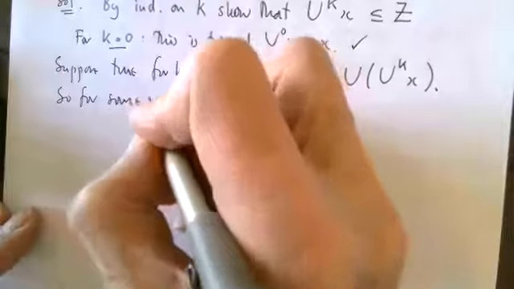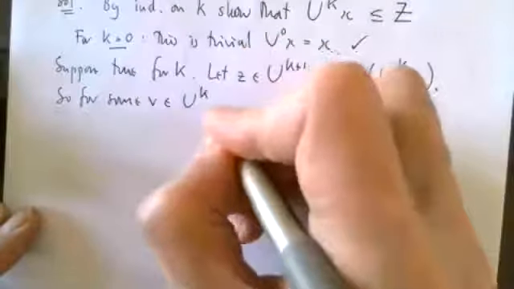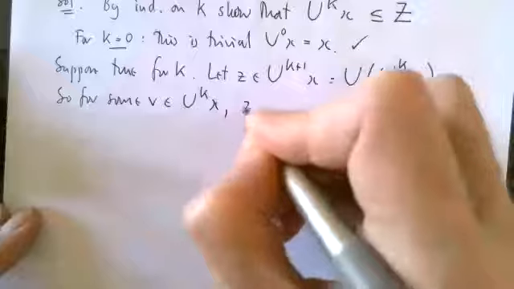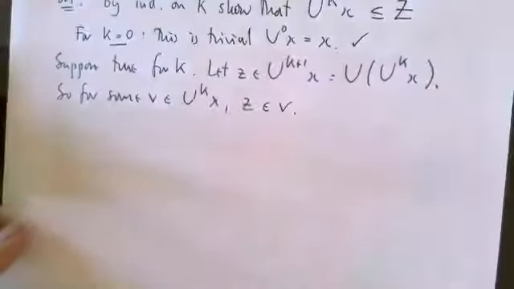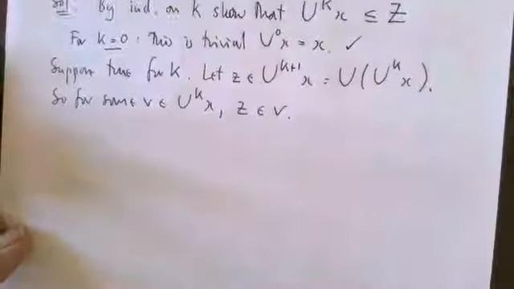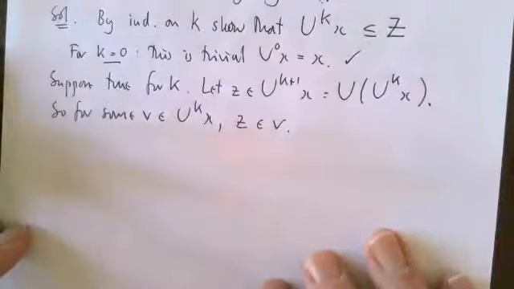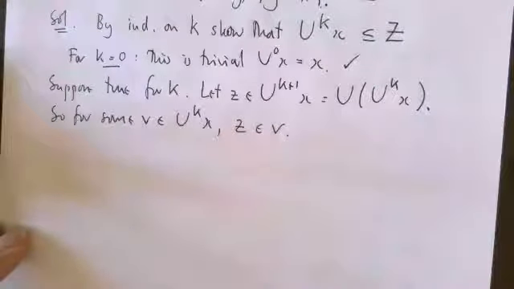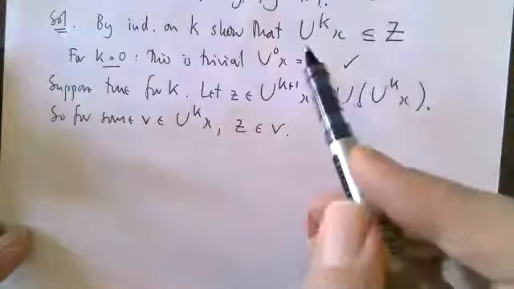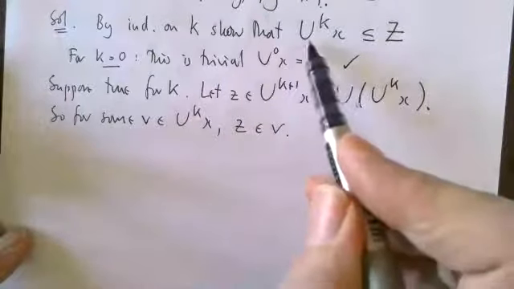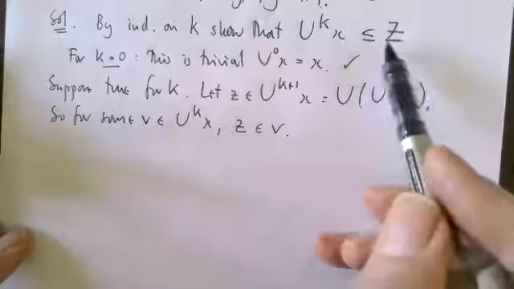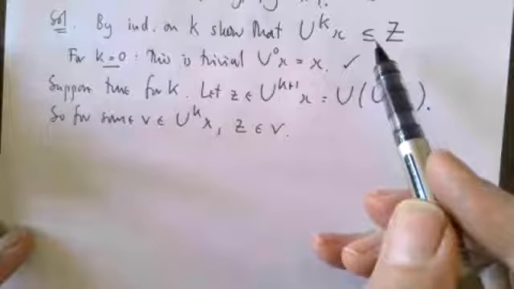So for some v in big union of x, z is in v. Okay, so the inductive hypothesis says that this is contained in z here.